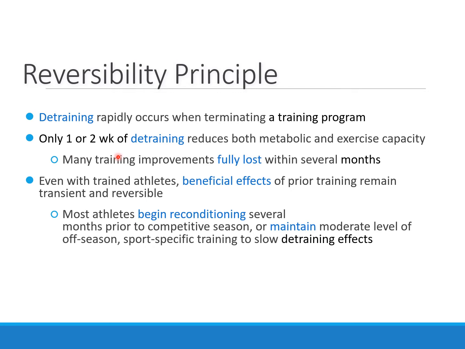And usually what we see with athletes is they'll typically continue doing a little bit of training and maintaining a little bit of their fitness levels in the off season so that when they come back to do some preseason training and do some training throughout the season, they're not having this huge detraining effect that can happen if you just sit around all summer and do nothing if you play a winter sport, or vice versa if you play a summer sport and you sit around all winter.